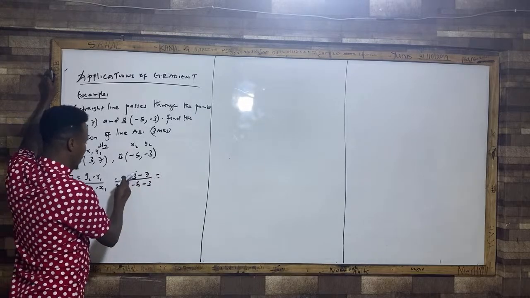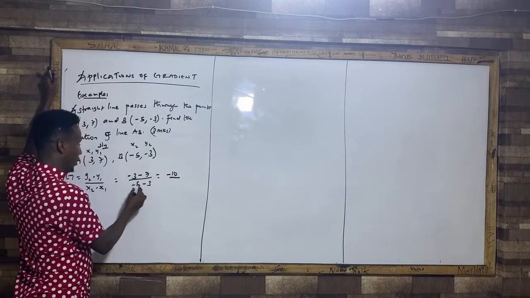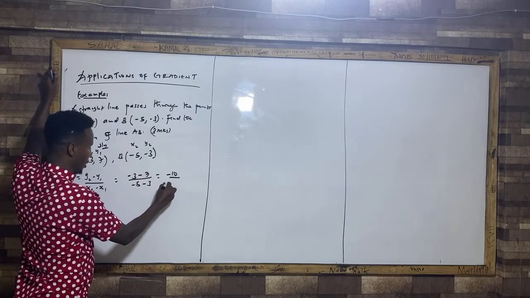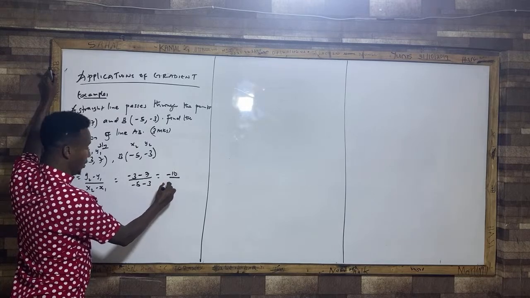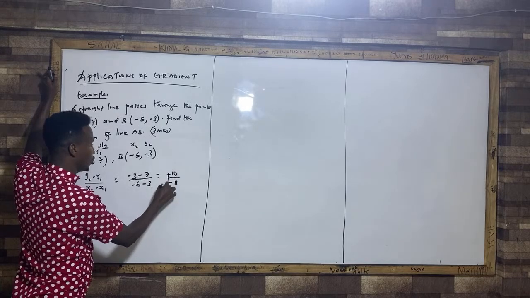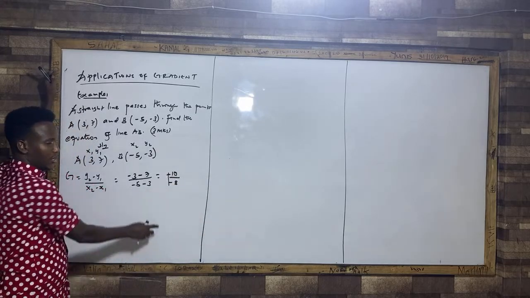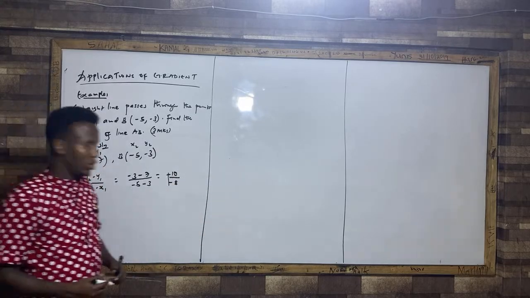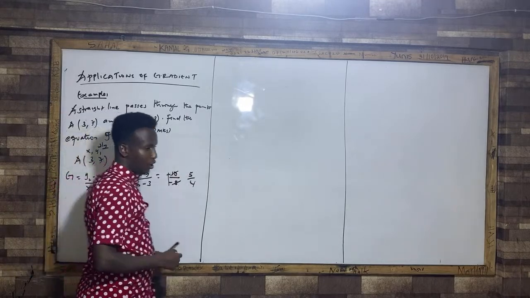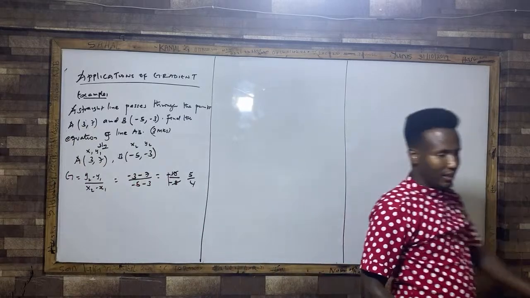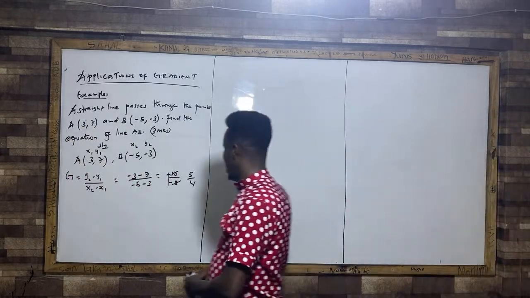Negative 3 minus 7 is negative 10, divided by negative 8. Cancel the negatives, and dividing both by 2, we get 5 over 4. So that is the gradient.